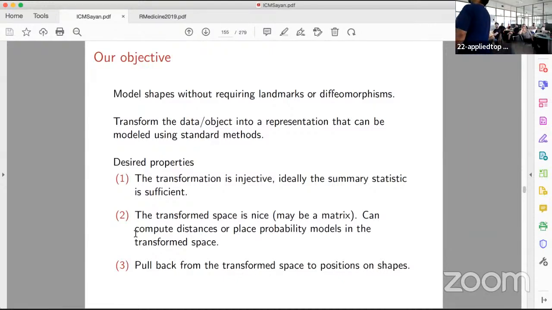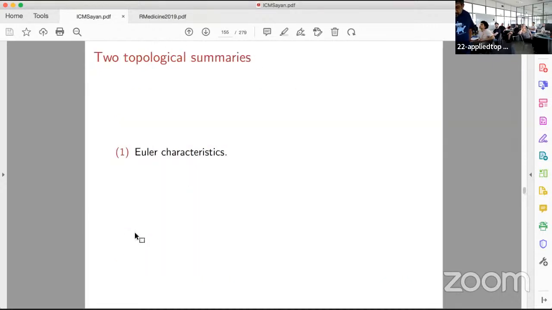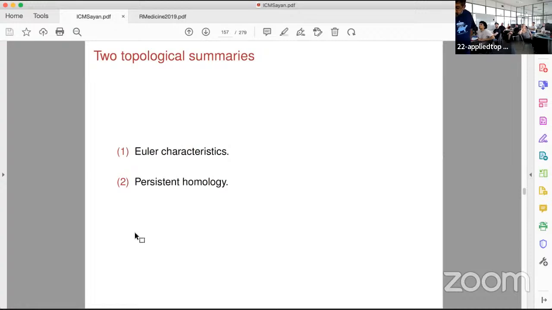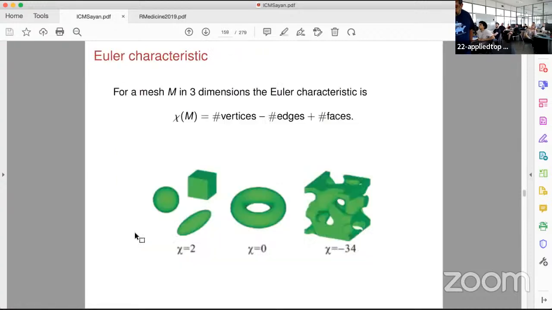And ideally, I'd like to be able to not lose information, right? Ideally, I'd like to be able to, once I do this transformation, use standard methods. And I want to be able to pull back, basically invert from that representation, right? So I can maybe make some inferences or understand what's going on. Okay.